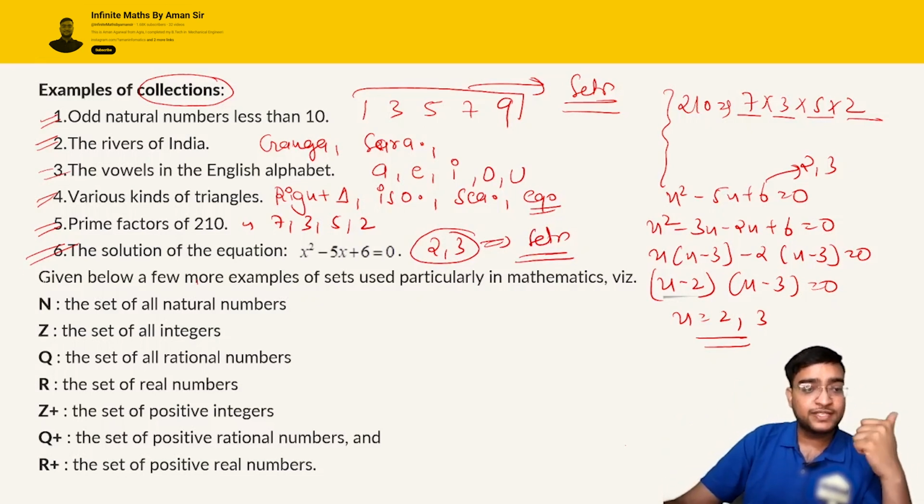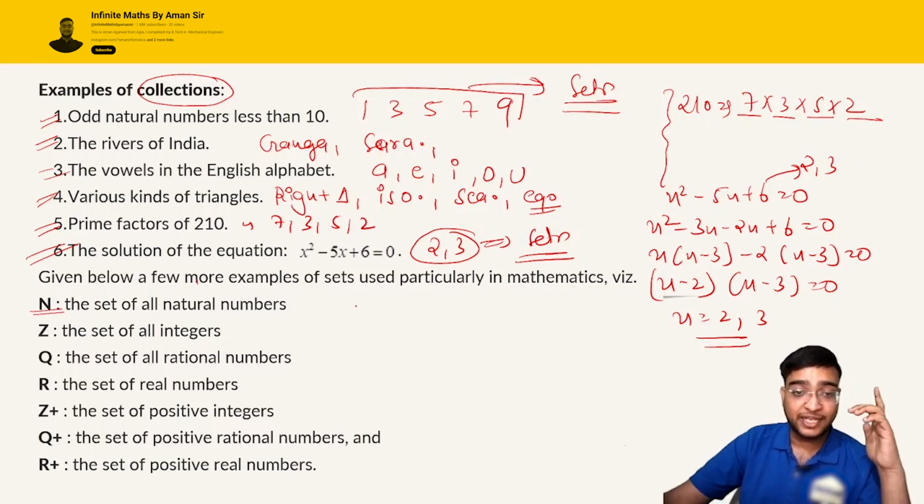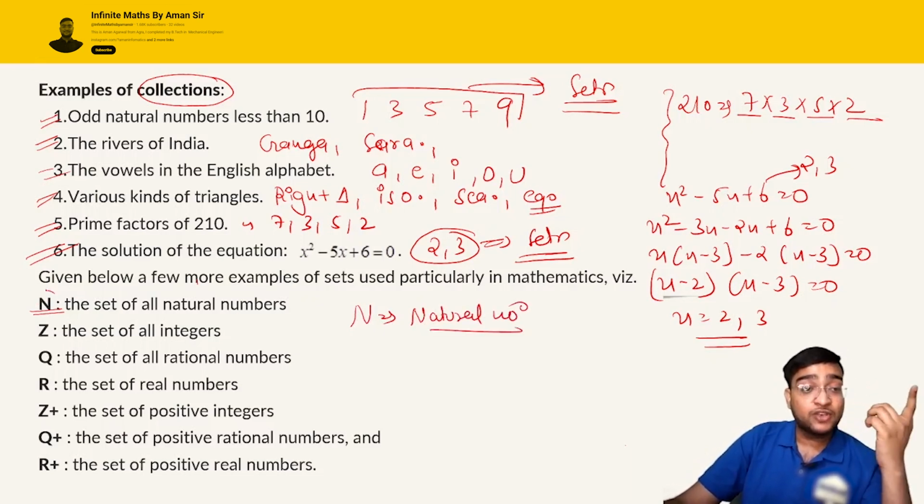Now a few examples. You should remember these signs. Capital N shows the natural numbers.